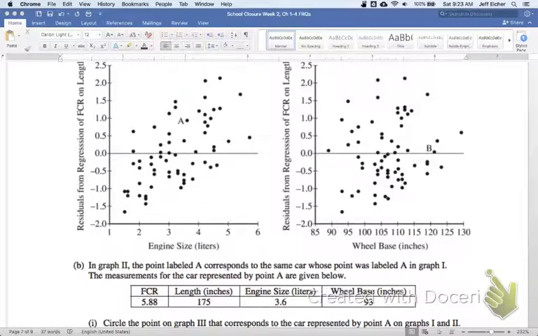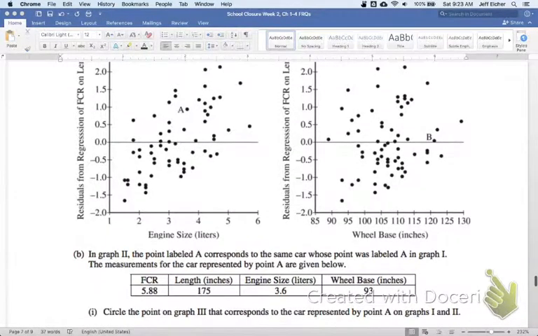And then they give us information on that point A. And then we're asked to circle the point on graph 3 that corresponds to the car represented by point A. So this engine size 3.6, that's the engine size of point A. This value is approximately that 0.955 that we got from question part A.